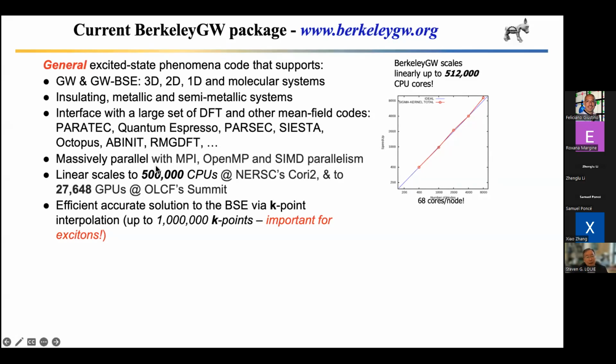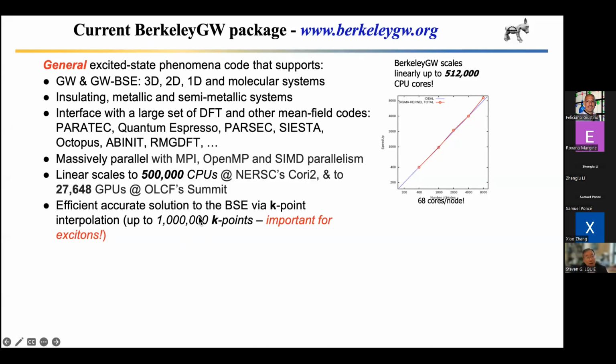It's massively parallelized, making use of high-performance computing facilities, and could scale linearly up to 500,000 CPUs, for example, at the NERSC Center, and to about 30,000 GPUs on the Summit machine at Oak Ridge.